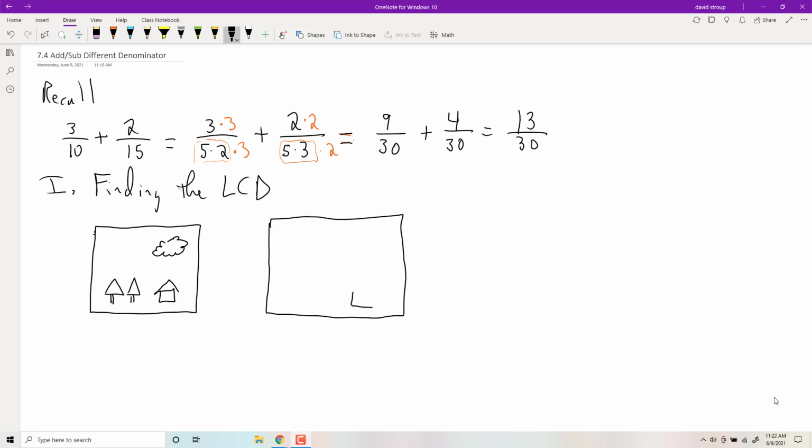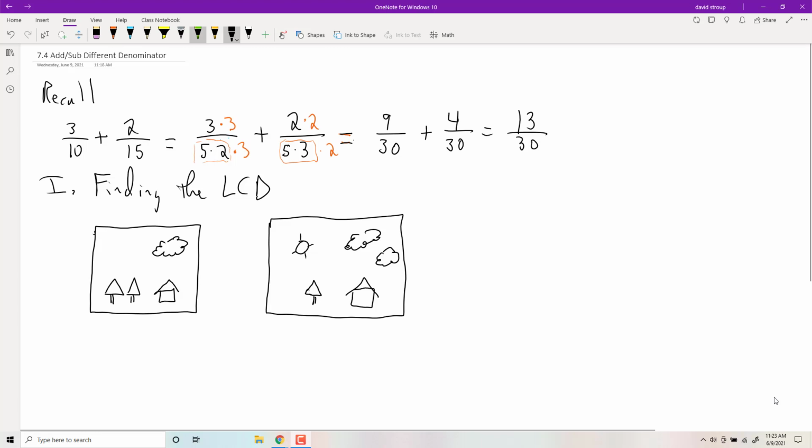The second picture has a house and 1 tree and 2 clouds, and a sun. Let's put a sun in there for fun.